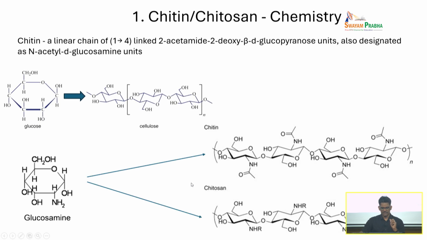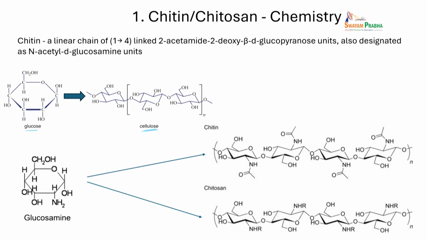If you look at the chemical details, there are a lot of similarities between cellulose and chitin. If you recollect, where do we draw cellulose from? Any examples? Wood, sugarcane bagasse, right? Various other agro waste, mostly from wood and plants. And if you remember, the cellulose structure consists of repeating units of pyranose.